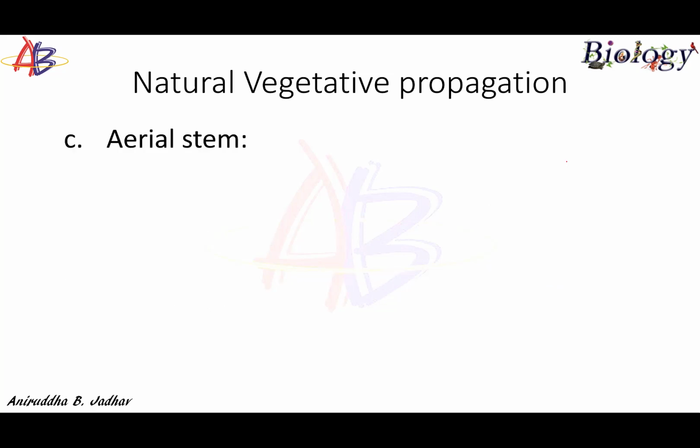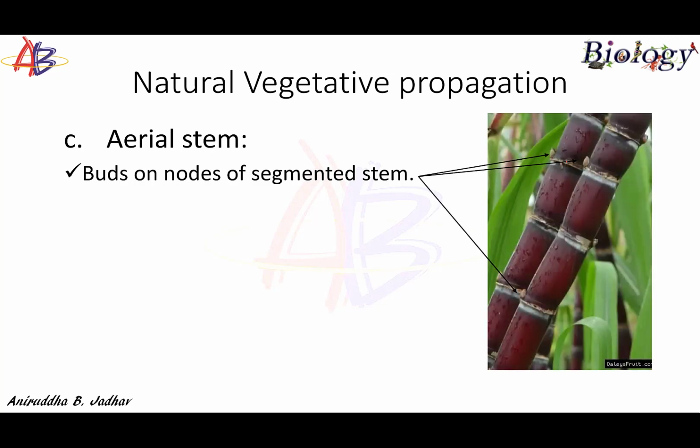The next type is aerial stem. In plants like sugarcane, the nodes on the segmented stem consist of several buds. You can observe them here. The buds on each node can give rise to a new plantlet.